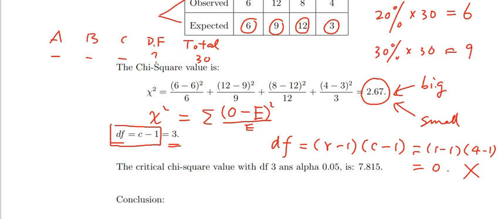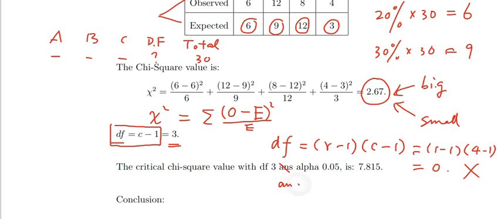So if we know the degree of freedom, then we can find the critical chi-square value. Degree 3, oh, I'm sorry, I made a mistake.